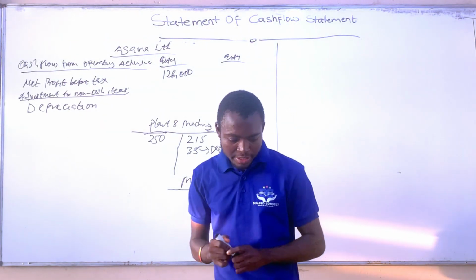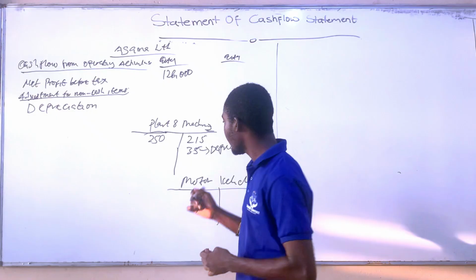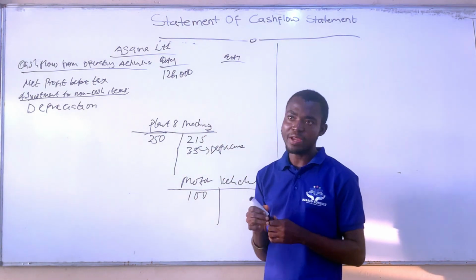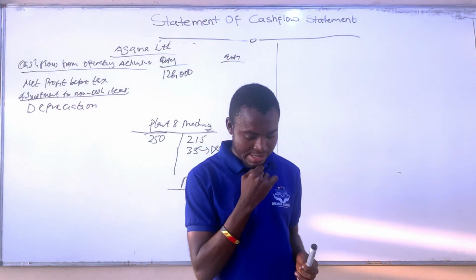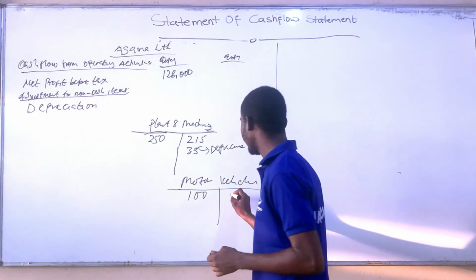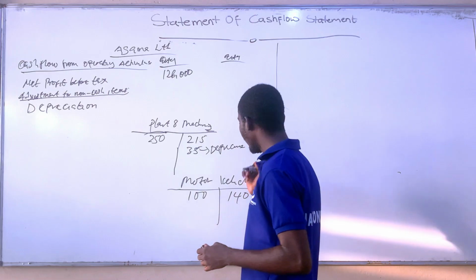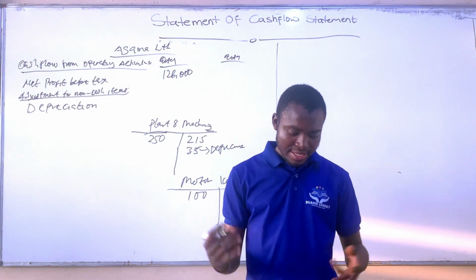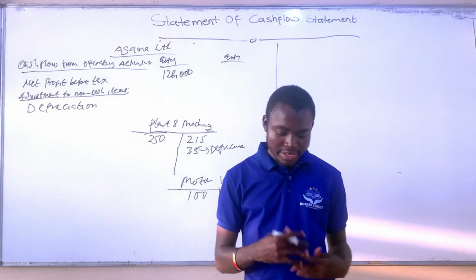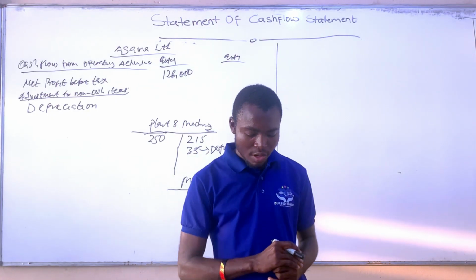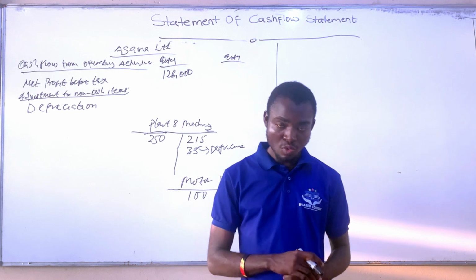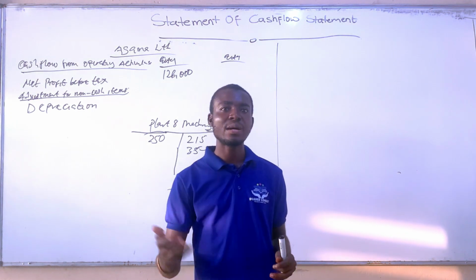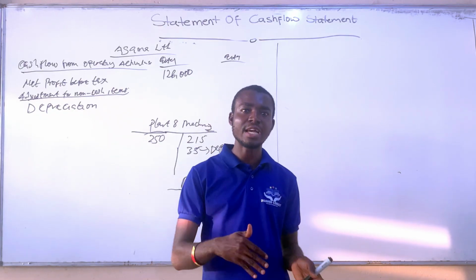So for motor vehicle, the opening balance is 100,000. So let's reserve 100. And then the closing balance is 140. But in the additional information, it has been stated that during the year, motor vehicle costing 60,000 was acquired. So it means the organization bought an additional motor vehicle which values 60,000.